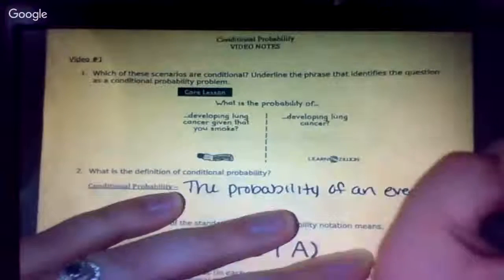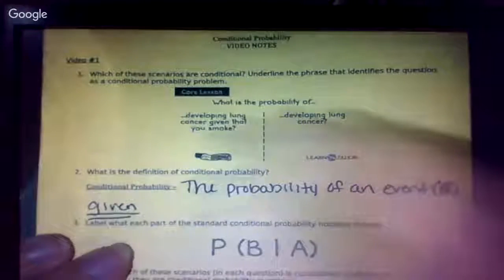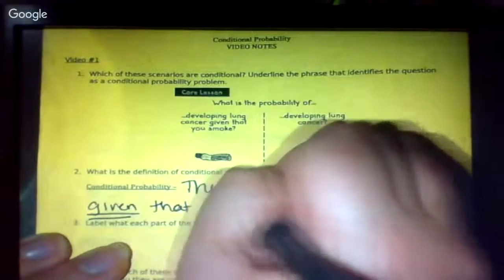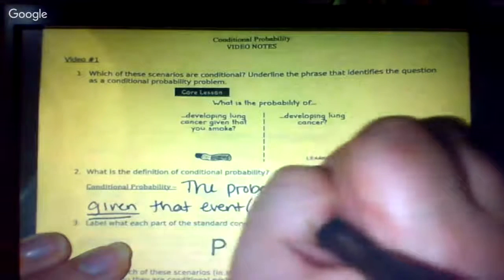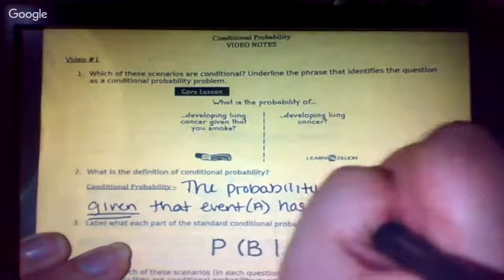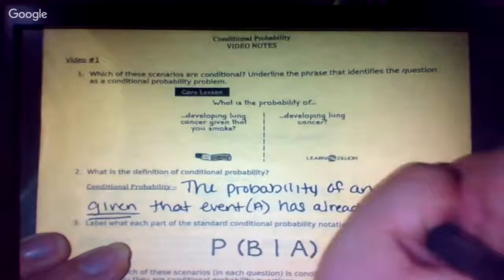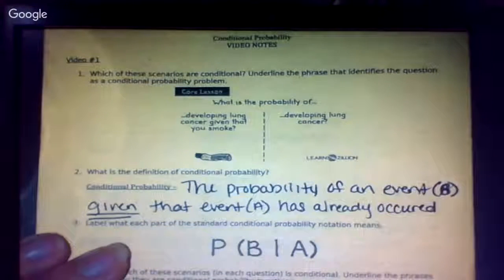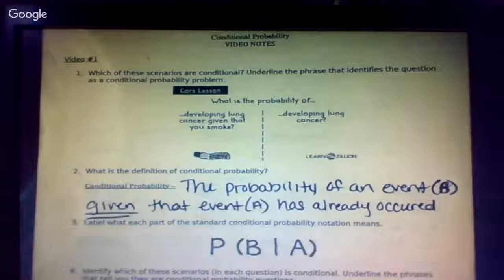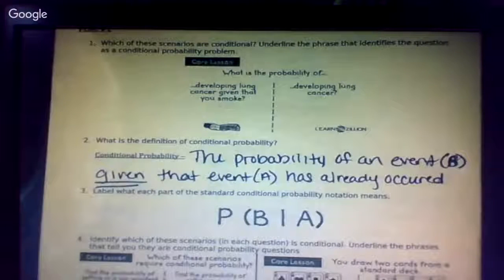So the probability of event B given, so again, that word "given" tells me conditional, that event A has already occurred. The probability of event B, given that event A has already occurred.